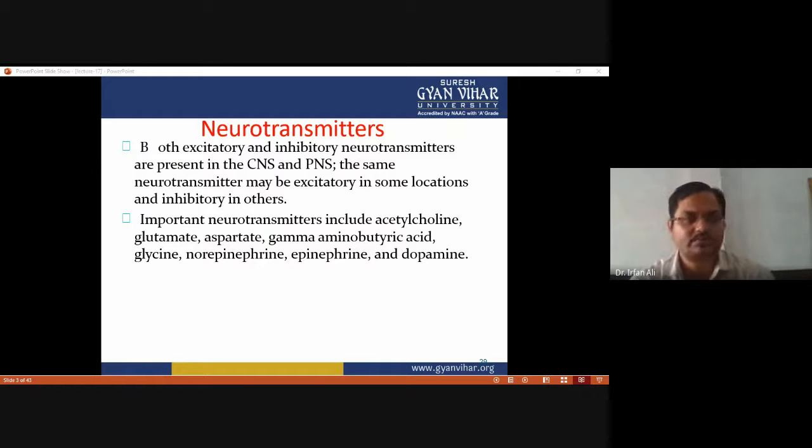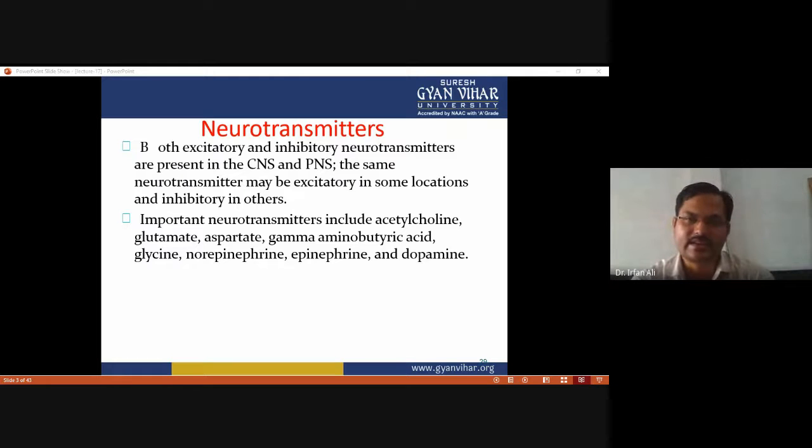Both excitatory and inhibitory neurotransmitters are present in the central nervous system and peripheral nervous system. The same neurotransmitter may be excitatory in some locations and inhibitory in others.